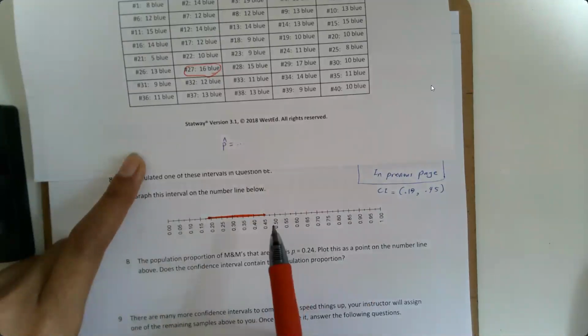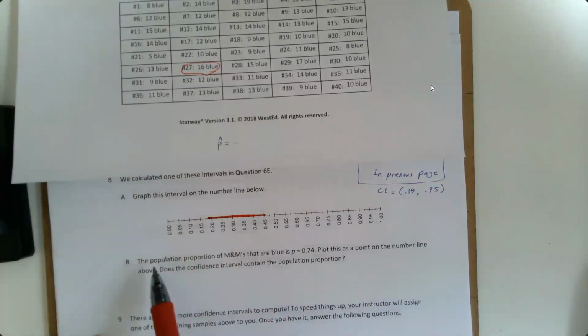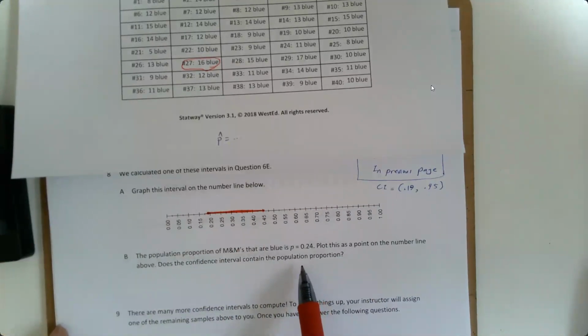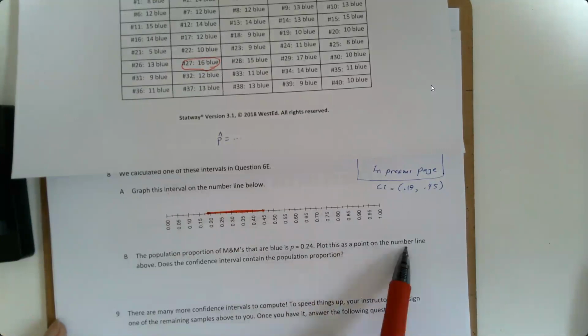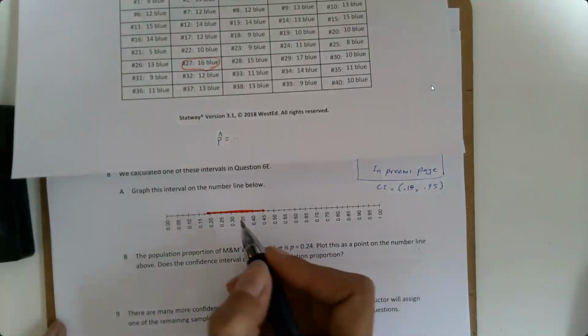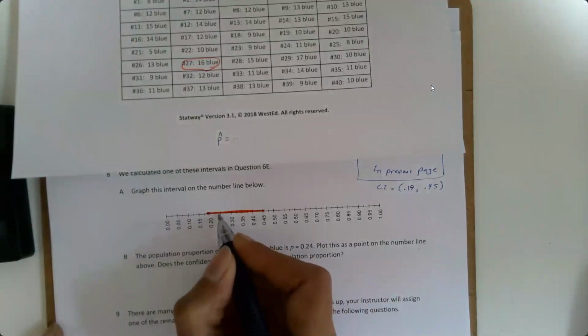So now the question is, the population proportion of M&Ms that are blue, we know it's actually 24%. In the factory, they calculated each of the proportions and came up with this number, 24%. Plot this as a point on the number line, 24%. Okay, there's 24%, just going to be a number near here.